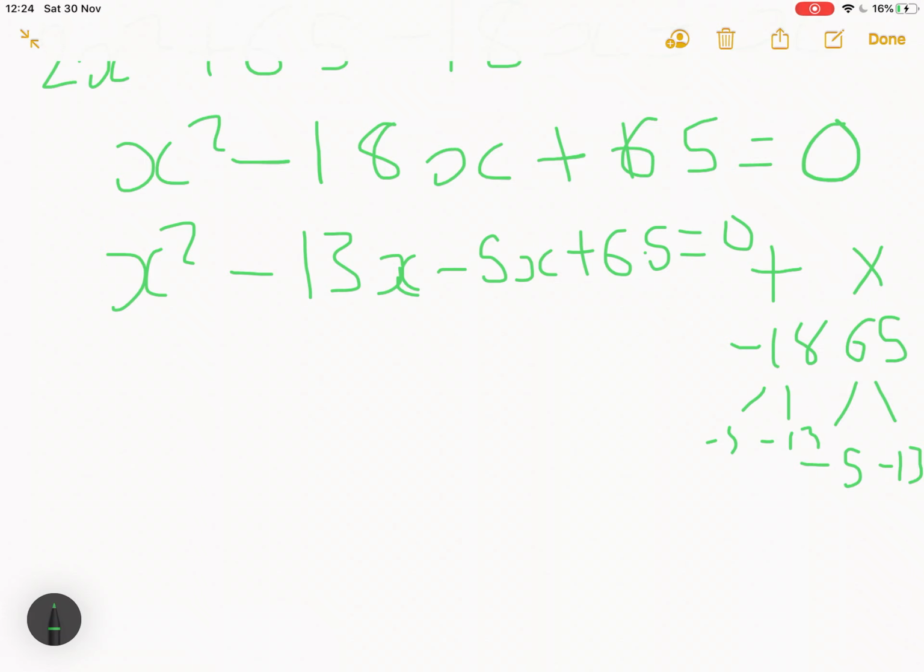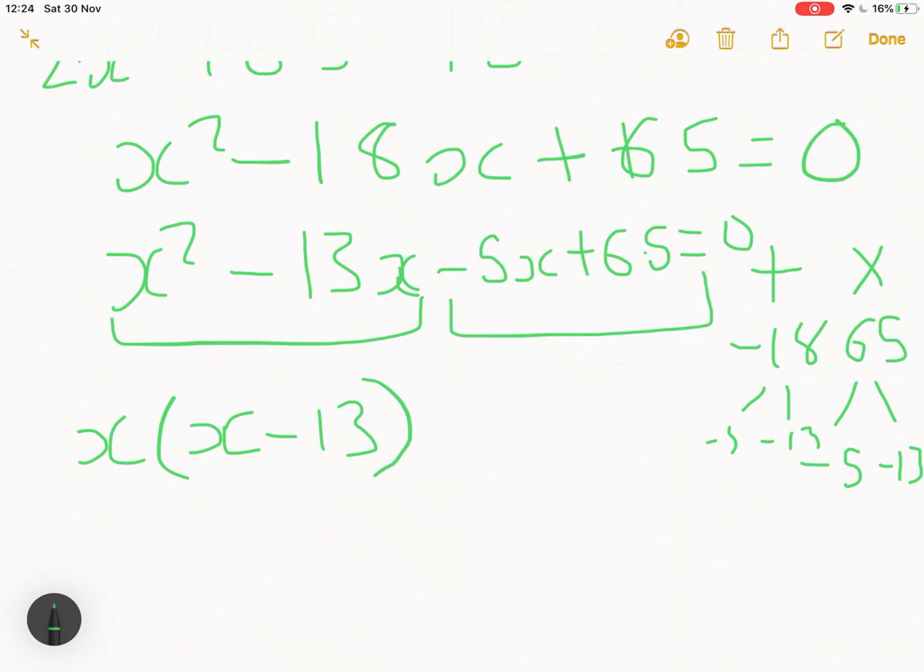Now we can factorize each side. In the first part, we can take x out, and then we have x minus 13 inside our brackets. Now we want the second part to also have x minus 13 inside.